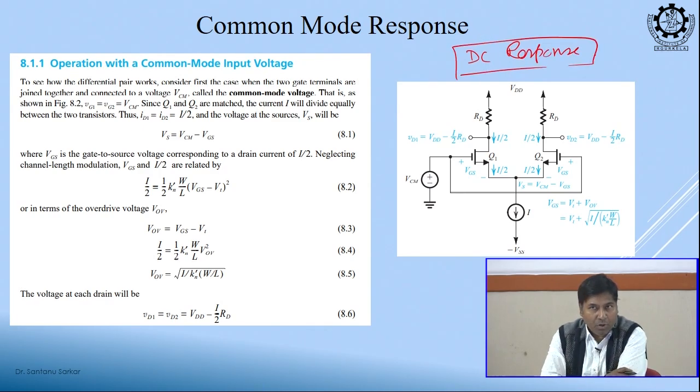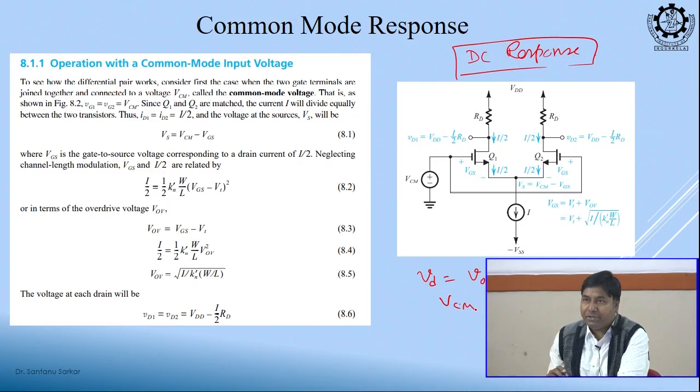Okay. So, what we said is that if we give the same DC to both of the inputs, they are common, right, they are the same, equal. So, this voltage is known as the common mode voltage, or this response is known as the common mode response. Now, can you tell me what will be the differential voltage in case of VCM?